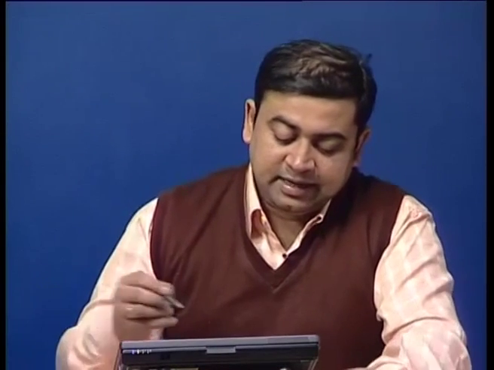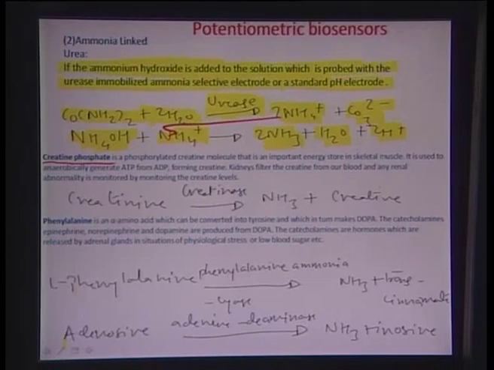So, creatinine, with an enzyme called creatininase, would decompose into NH3, the ammonia, and creatine. Okay. So, because there is an NH3 component in this particular reaction, we would be able to ascertain how much this equilibrium would shift to what side as the NH3 is produced, less or more.